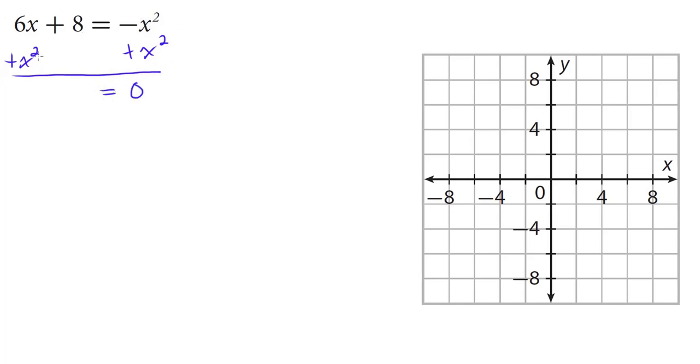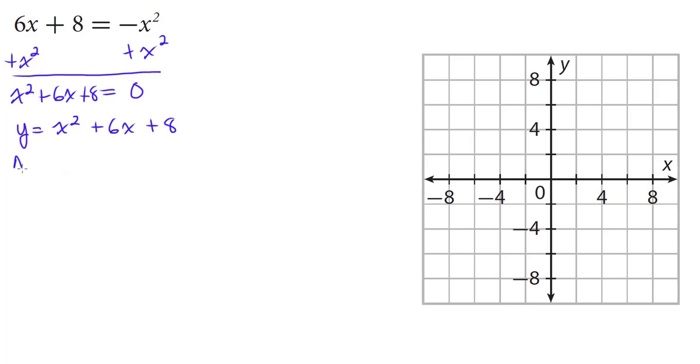And over here, there's no combining, so I end up with x squared plus 6x plus 8 equals 0. And in order to graph this, we're just going to rewrite this as a function. So y equals x squared plus 6x plus 8.